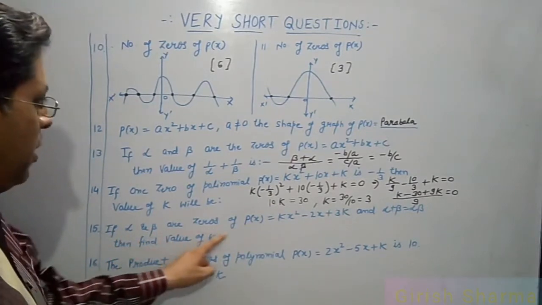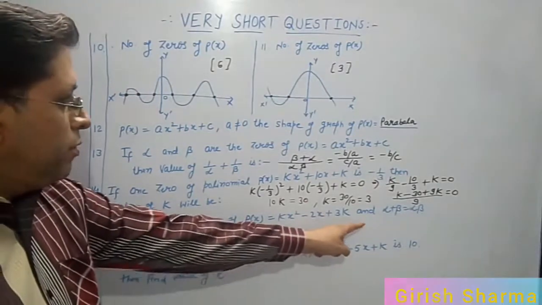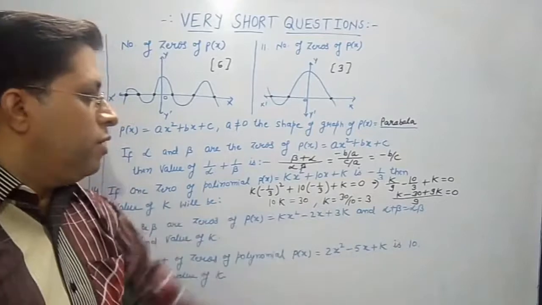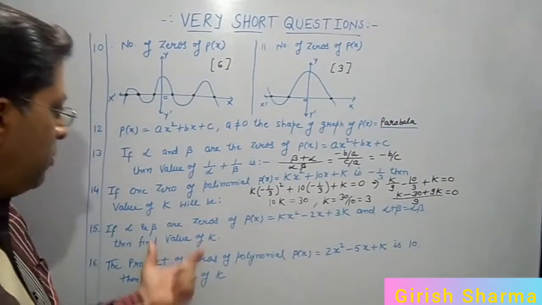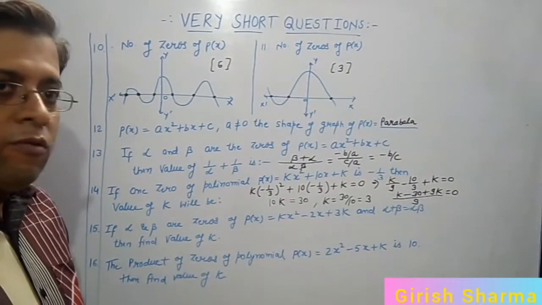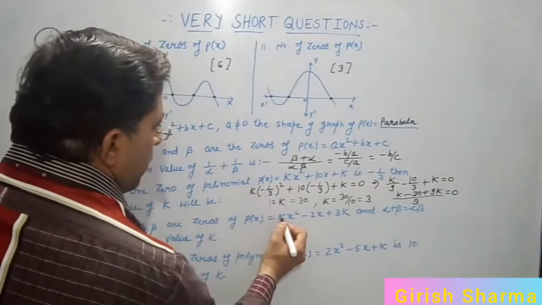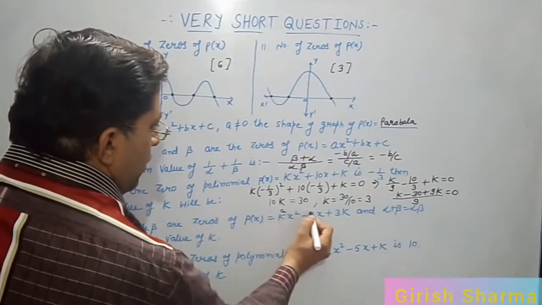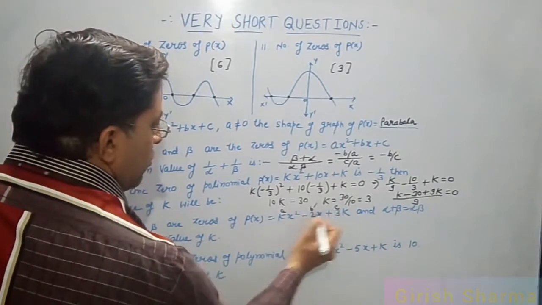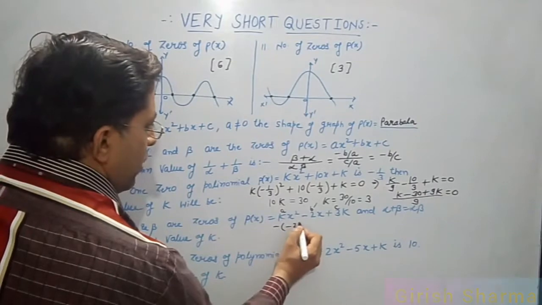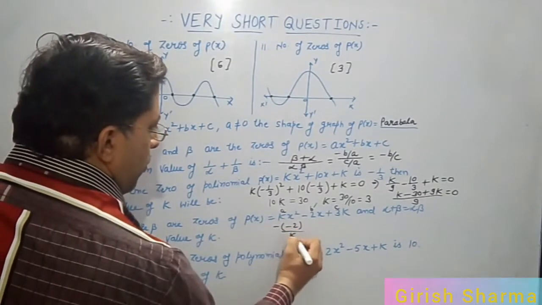If alpha and beta are the zeros of this, then one relation is given. Alpha plus beta is equal to alpha into beta. Then find the value of k. What is alpha plus beta? Minus b upon a. Clearly this is your a, this is your b, and this is your c. Minus b upon a, this is minus 2 upon k.